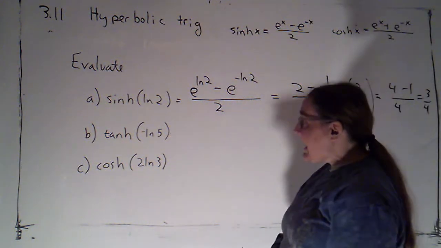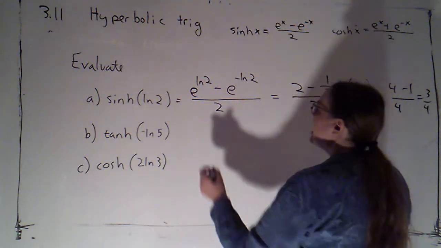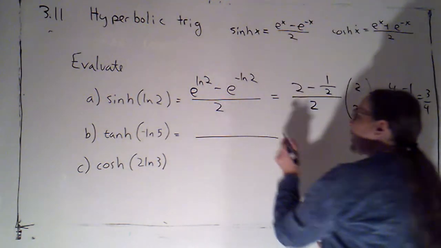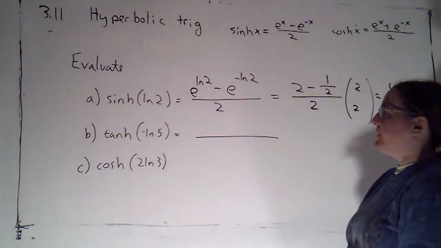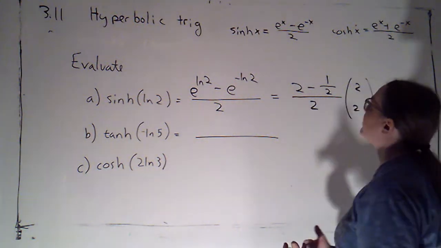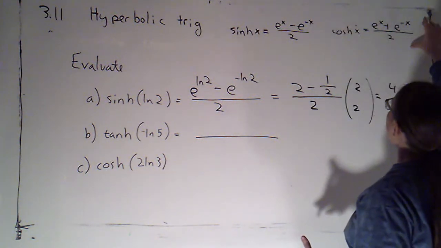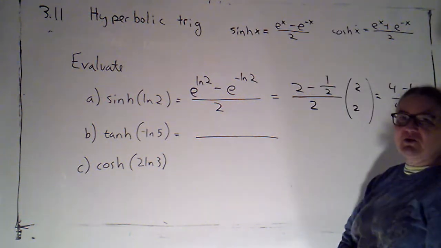All right, for tanh of the negative natural log of 5. Okay, what I'm going to do is first of all just write out the formula for tanh, but with open parentheses for the input. Now, I remember that tanh is sinh over cosh. So it's going to be this fraction divided by this fraction. I can see if I flip and multiply, the 2's will cancel.